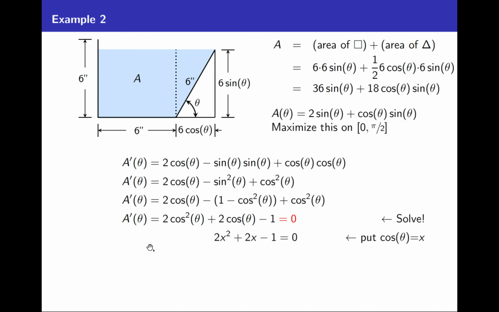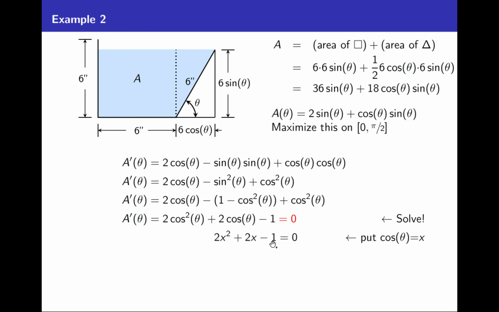So in doing that, this boils down to 2x squared plus 2x minus 1 equals 0. And now you can see why I wanted to call cosine theta x, because you can really clearly see that we're dealing with a quadratic here. We want to find the value of x that makes this equal to 0, keeping in mind that x is equal to cosine theta, and we'll ultimately get back to theta.